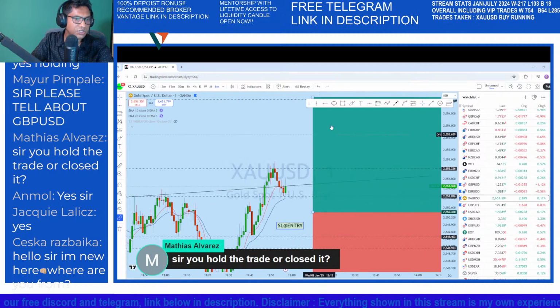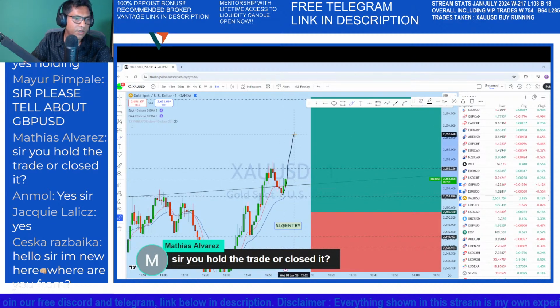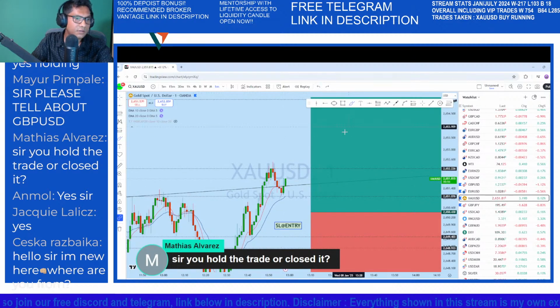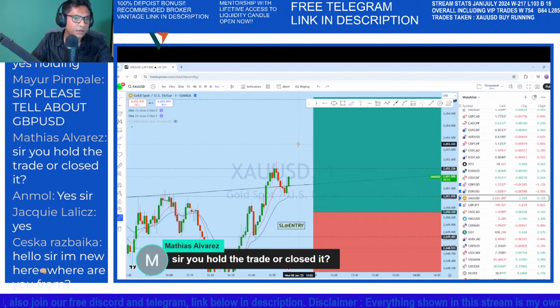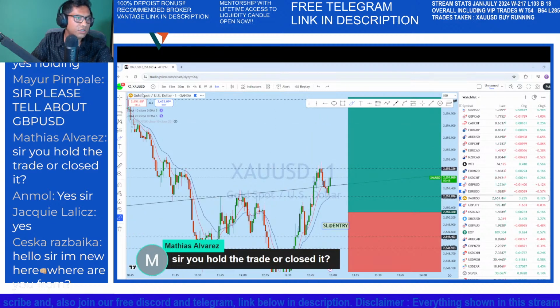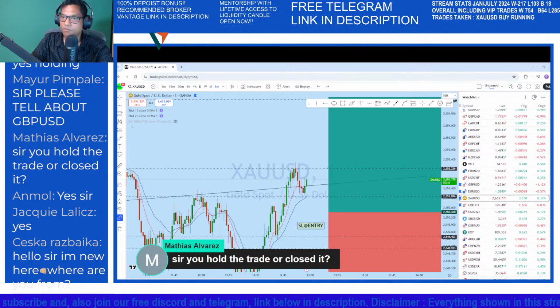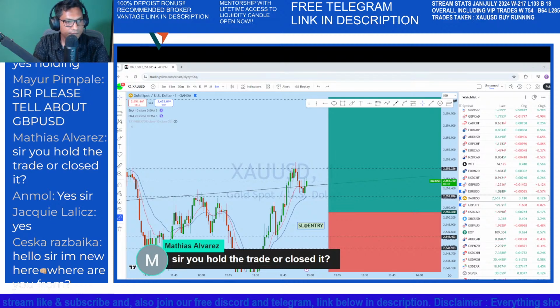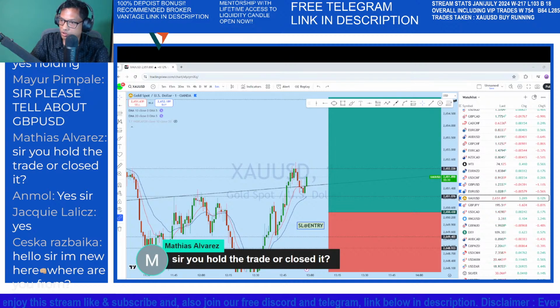And wanting to see that. Okay, so you can see that pullback. If it is continuing, we might see that trend continuation in that direction. Okay, cool. We are on the positive side.